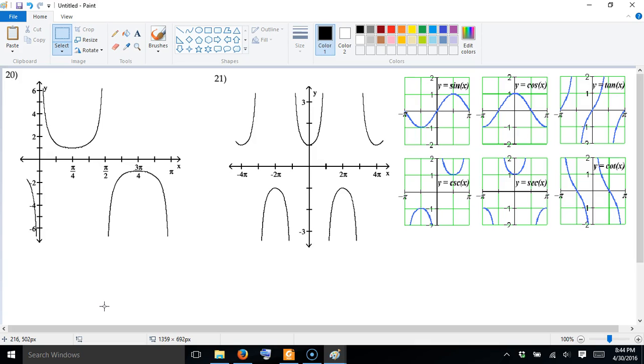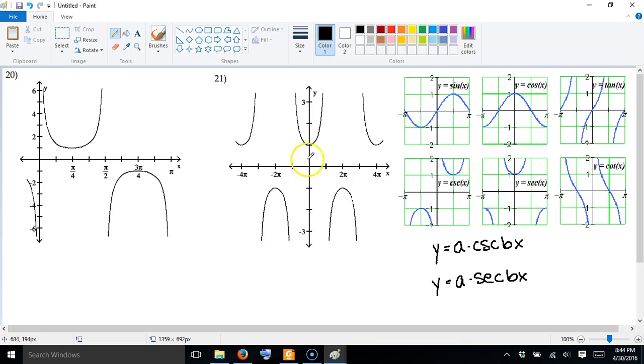So it is going to be in this form here, y equals a times cosecant of bx or y equals a times secant of bx.